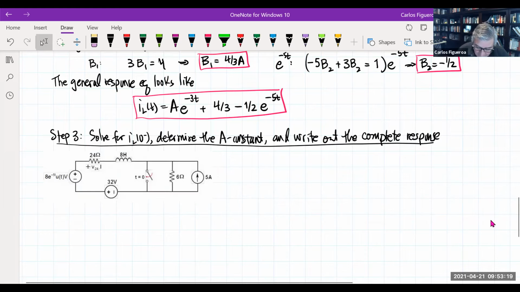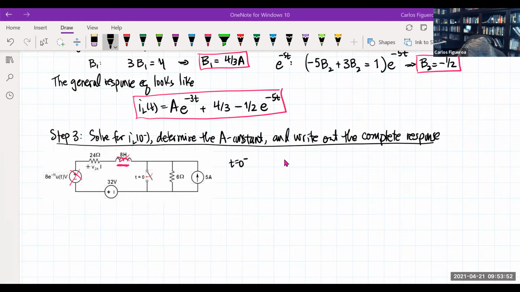And you can see that at t equal to 0 minus, I don't have this source right here. This is gone. I have the inductor, which is now what? A short, and I have the 5 amp source. So my circuit really looks something like this.